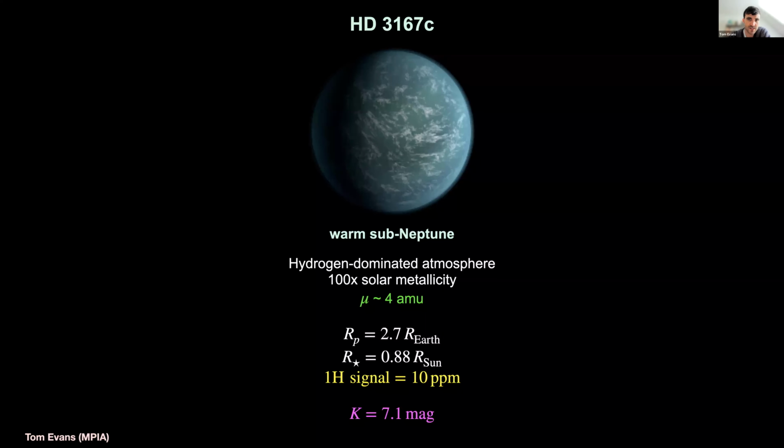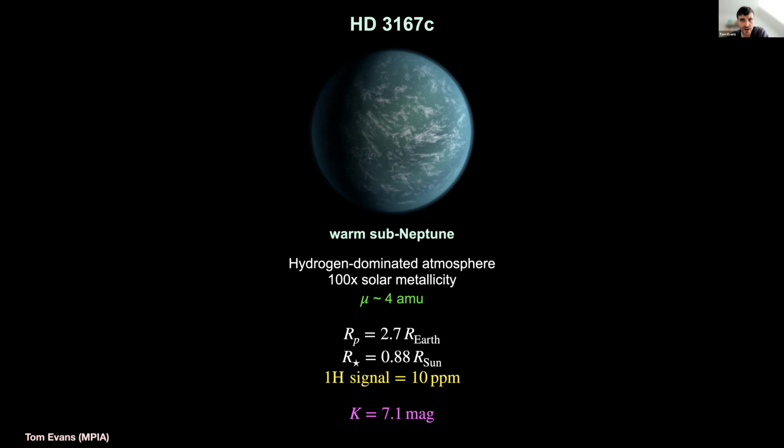So to consider this a bit more quantitatively, if we assume that HD 3167c has a hydrogen-dominated atmosphere with a heavy element enrichment of about 100 times solar, then that would mean a mean molecular weight of 4 atomic mass units. And then using this, along with the planetary radius and mass and the stellar radius, we can calculate the change in transit depth due to a change in one pressure scale height of the atmosphere.